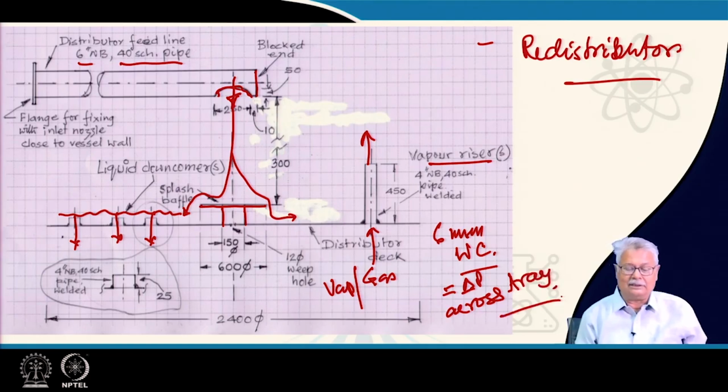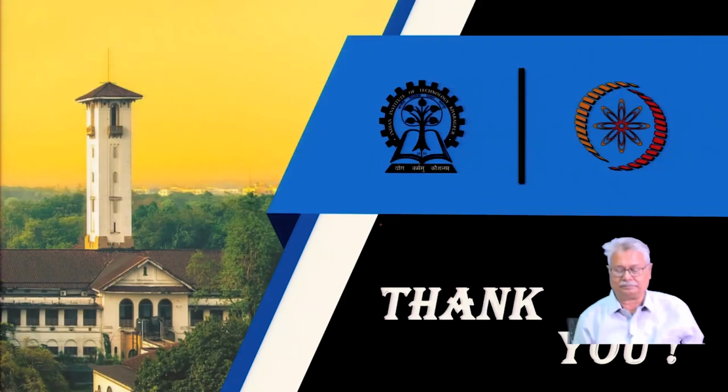So, below this, if it has to fall, then it falls on the packing, definitely it does, and the gas gets collected. The number of vaporizers and their dimensions, you can find. These distributors are typically made from 4-inch nominal bore, 40 schedule pipes. These are welded to the deck as well. The dimensional values are all given here. If you have to design one, you may refer to those.